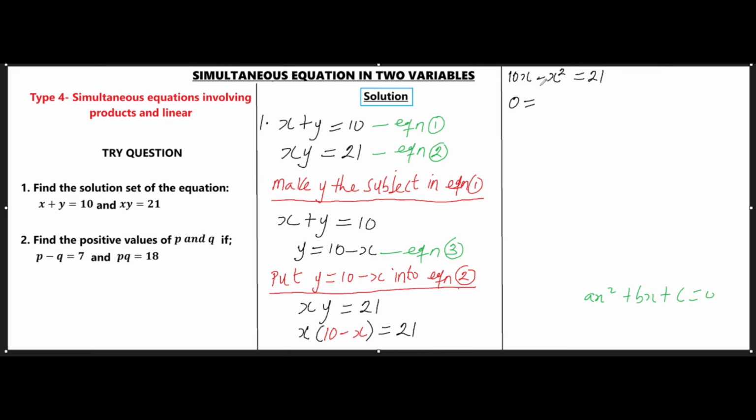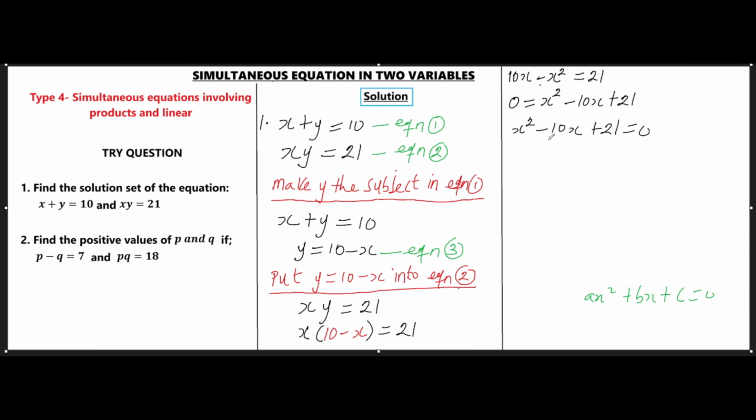When I transpose this to the right hand side, it becomes positive x squared. Then I transpose this to the right hand side, it becomes minus 10x. Already we have positive 21 on the right hand side, so plus 21. So this is the same as x squared minus 10x plus 21 is equal to 0. So this is our quadratic equation.